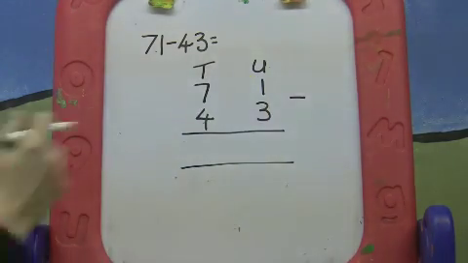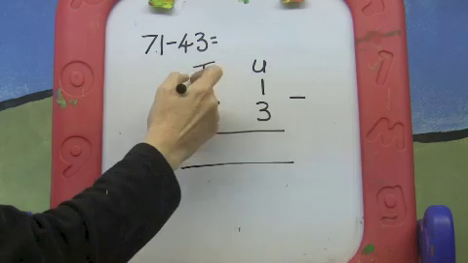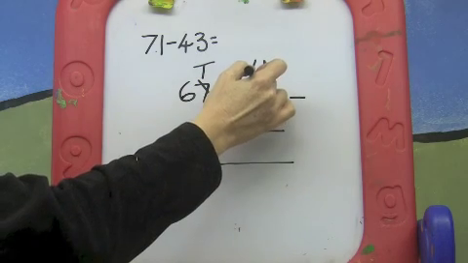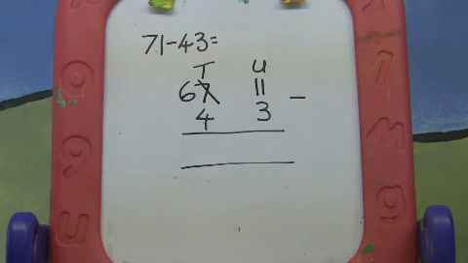So I'm going to go next door to the tens column, where I have 7 tens, and I'm going to borrow 1. That leaves me with 6 tens, and when I carry it across, I write the 1 in front to give me 11 units.